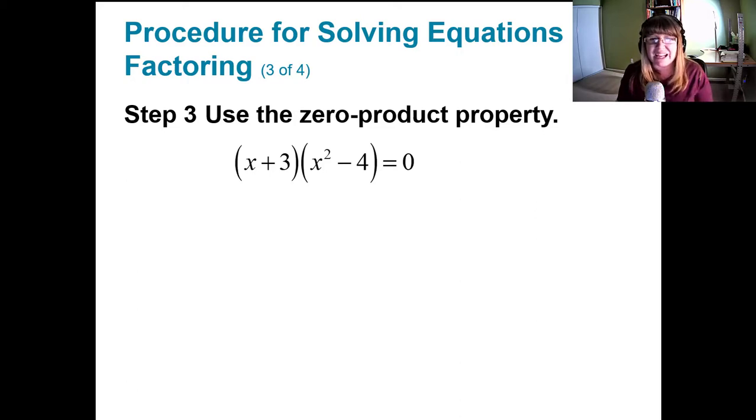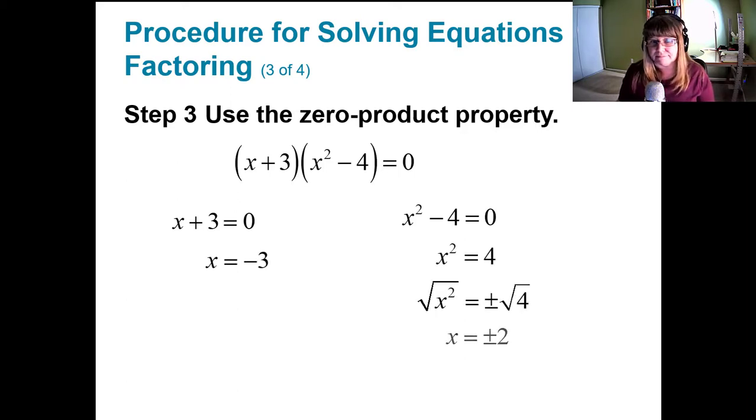So I'm going to leave it as x squared minus 4, but I'm going to set each factor to 0, and then from there, solve for x. So here we have x equals -3 and x equals +2 and x equals -2.